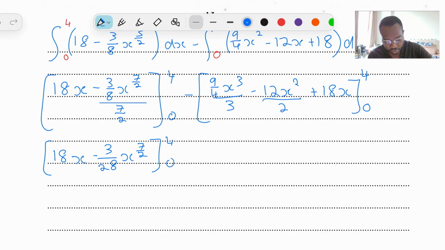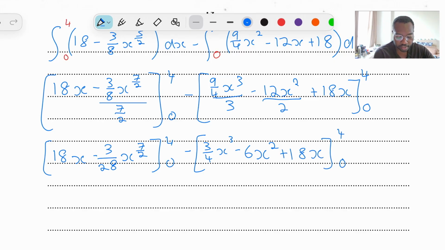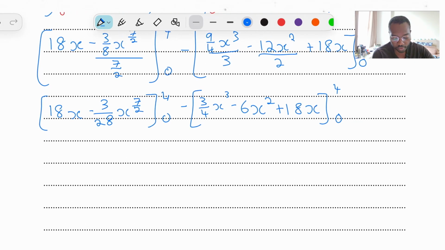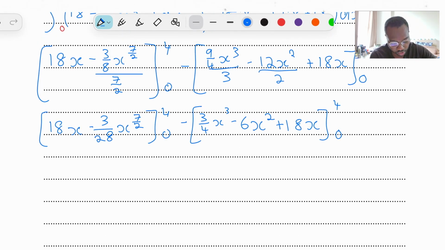This one we have 9 over 4 divided by 3, which is 9 over 12, which simplifies down to 3 over 4, and that's x cubed minus 6x squared plus 18x with our limits of 4 and 0.